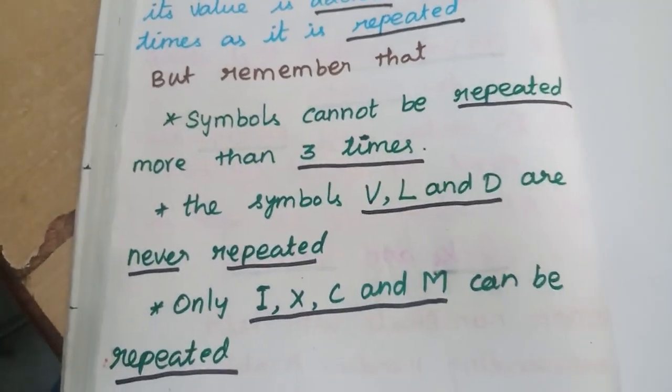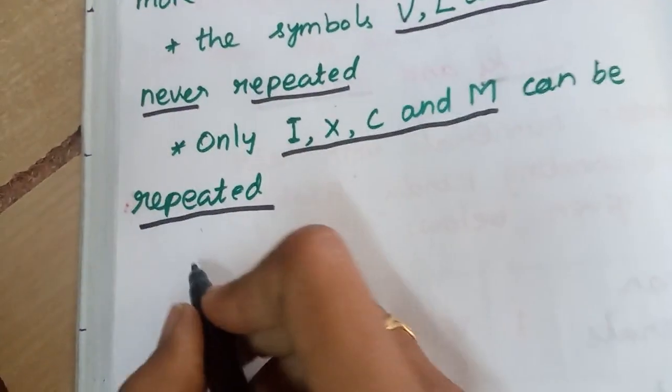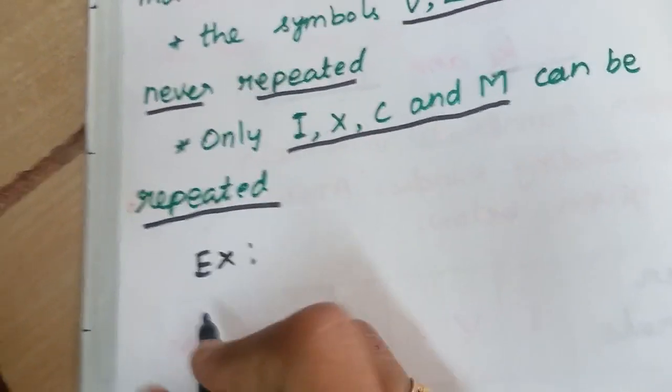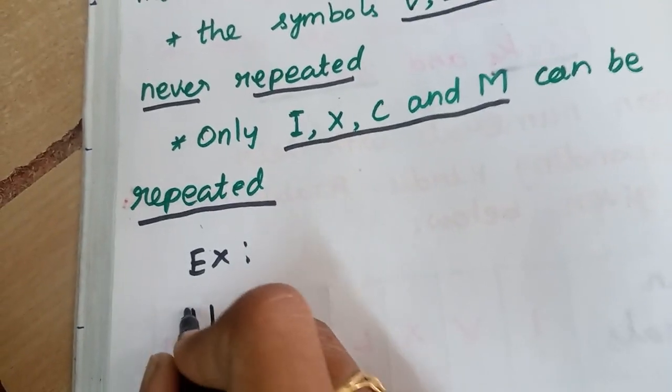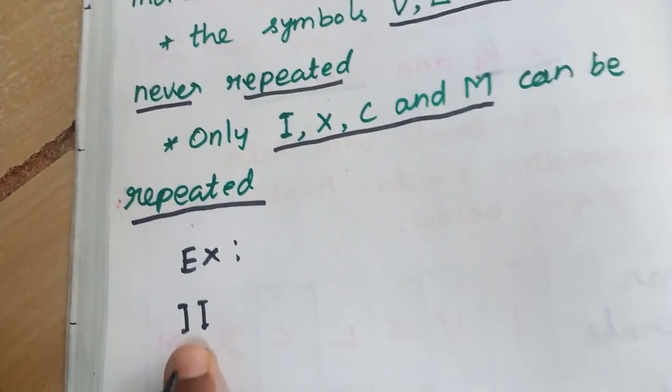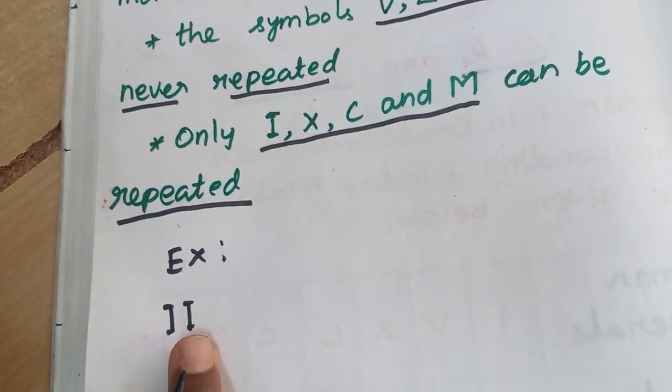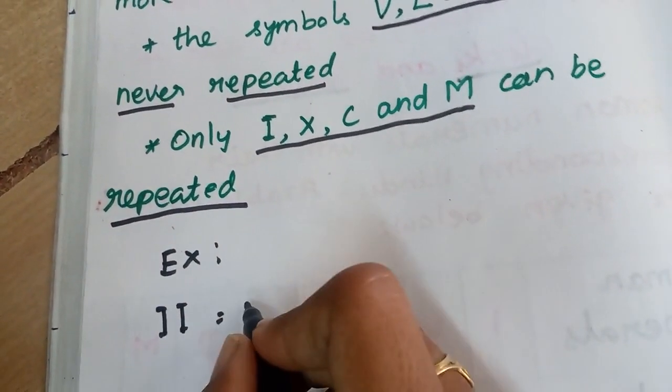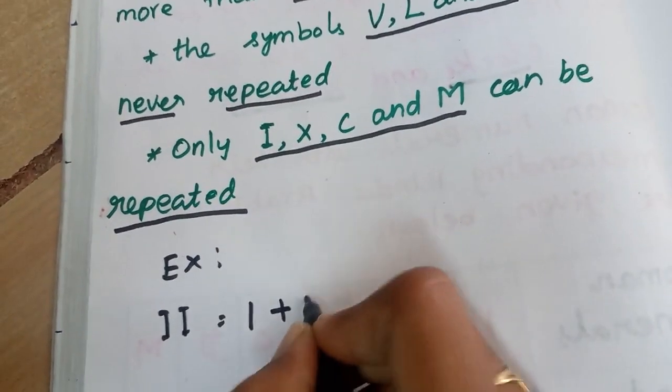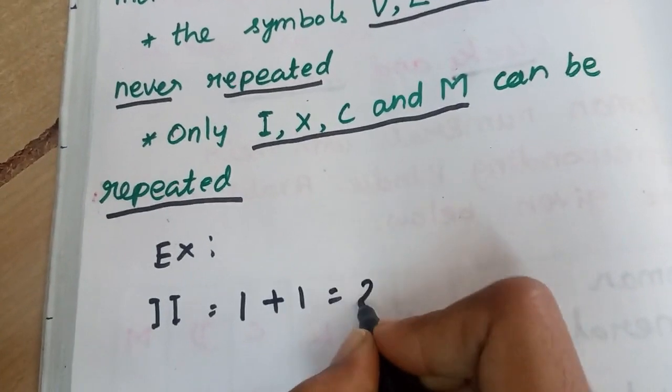Now we see one example for the first rule. One I and next I: 1 plus 1 is 2.